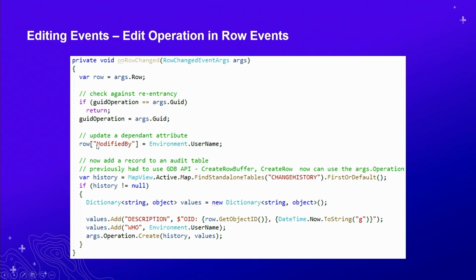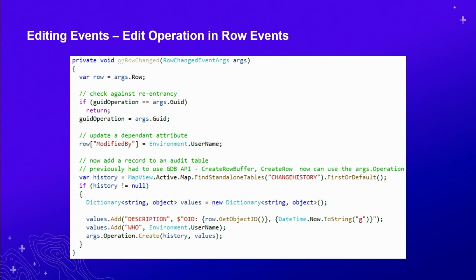Here I'm modifying an attribute on the row that's coming in, giving it the username. And then I'm adding a record to this table, which just happens to be in my map. So I'm finding it, much like the previous example that I used, setting up an attribute dictionary, and then using the operation which comes in from the row to create a row in that history table itself, using those attributes.